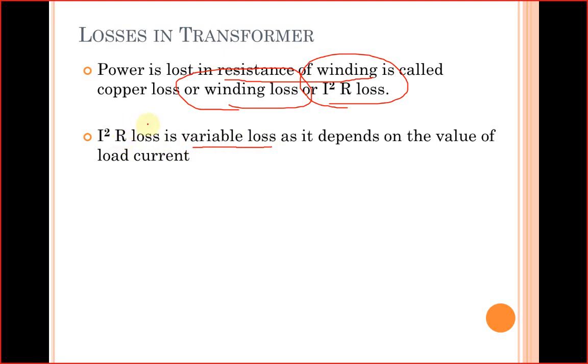I square R losses are variable because when there is a change in the load current, there is a change in these losses, and these are related directly to the heat produced in the winding. Heat and resistance are directly proportional to each other for a conductor. So the more heat is produced, the more I square R losses there will be in the transformer.